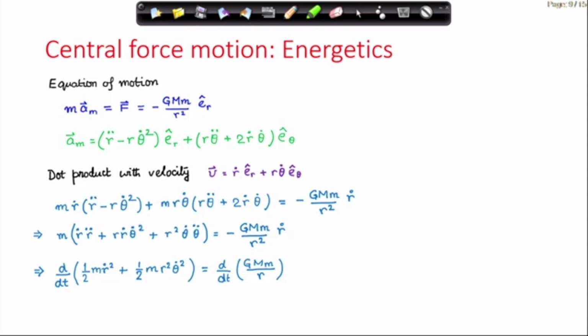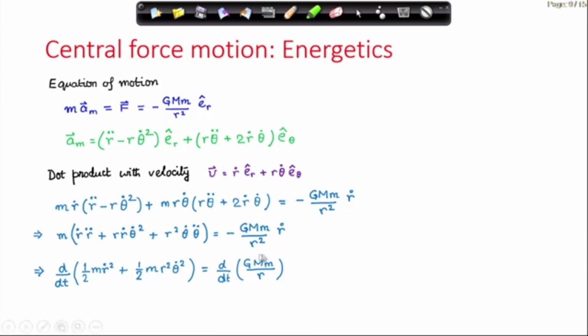Whatever we are discussing now, we have already discussed previously in the case of particles. We are only applying those same steps to a central force motion, a particle under central force. These were the steps followed in the work energy relation, if you remember. Therefore, d dt of the kinetic energy is equal to the work done.